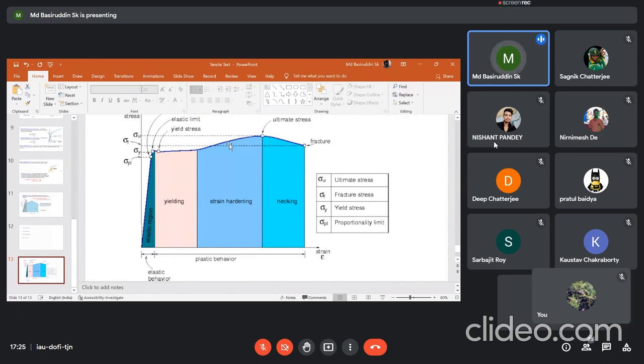Then at different positions you can find at what rate the strain hardening is happening. That means at this particular position what will be the strain hardening, at the UTS point, or ultimate tensile stress, what will be the strain hardening, you will be able to find out. And in this way you can understand how it is deforming initially.